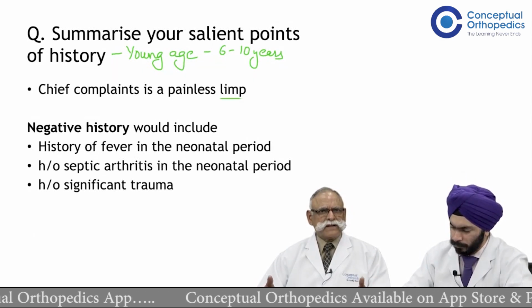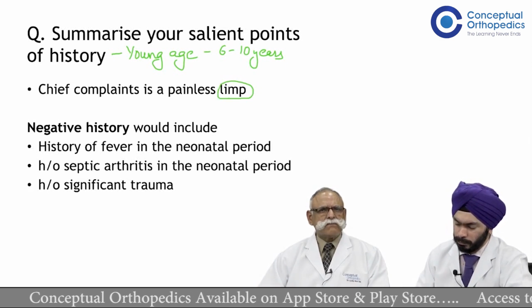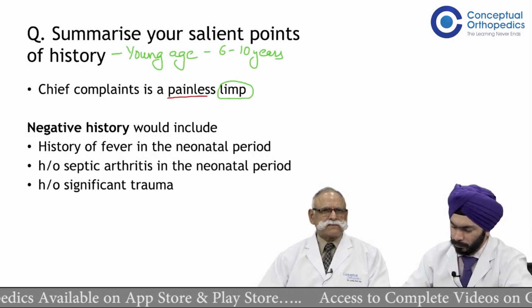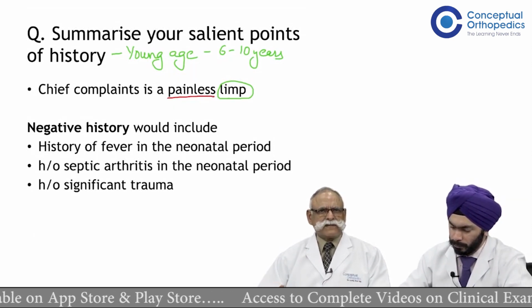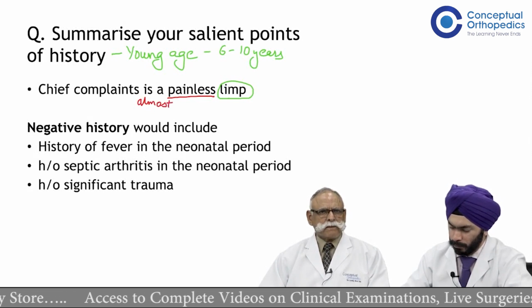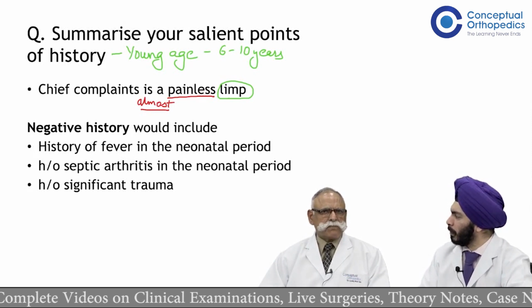They've been observing a limp on the child which is almost painless. They say, well, he runs about, but he's limping on that side at times, and otherwise the patient doesn't have any problem.